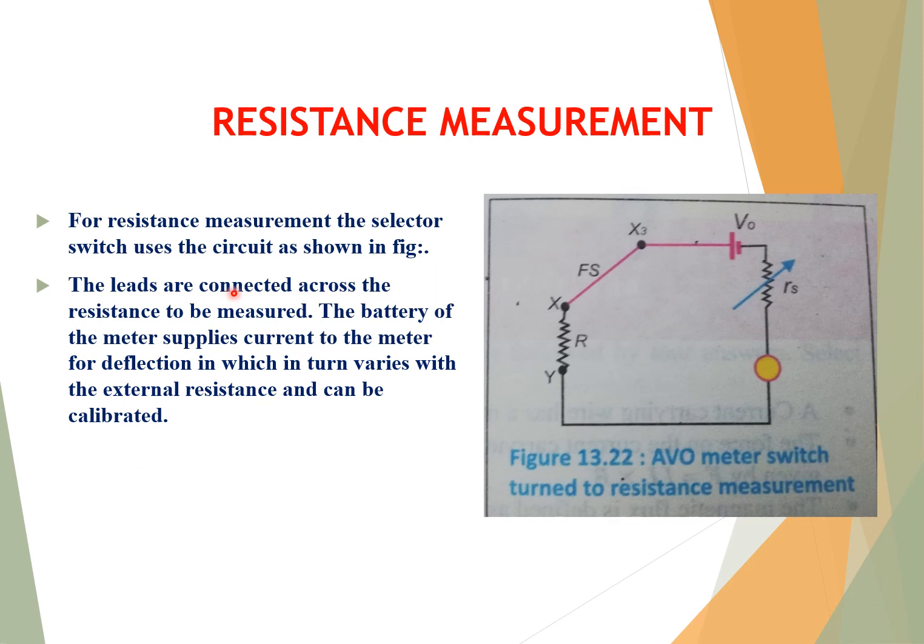The leads are connected across the resistance to be measured, here X and Y. The battery of the meter supplies current to the meter for deflection, which in turn varies with the external resistance and can be calibrated. So this battery is providing current to this galvanometer, and current flowing through this galvanometer can be changed with the help of this external resistance, and this variation can be observed and calculated as resistance.